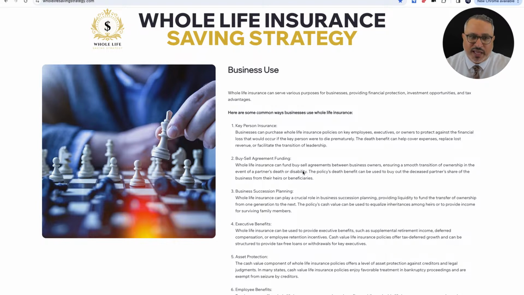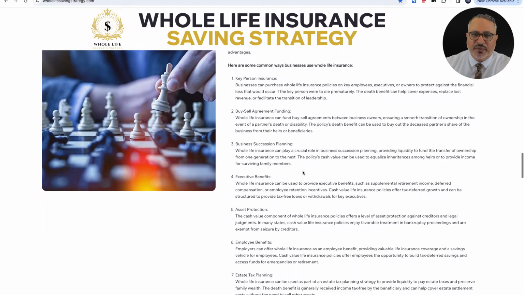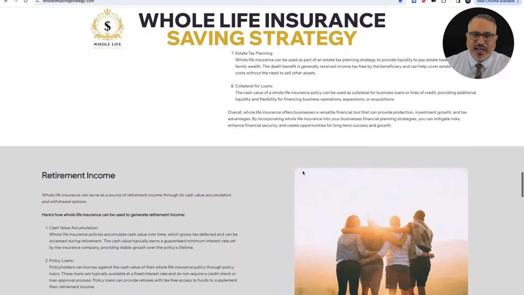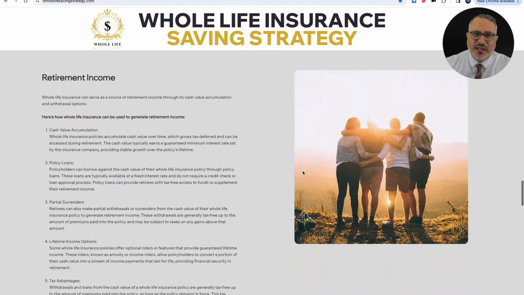And again, that's in most cases. So if you are going to consider it for that purpose, you definitely want to verify for your particular state that you do have that protection. So these are just some of the uses for a whole life insurance policy in a business strategy. And then finally, it can be used as supplemental retirement income.